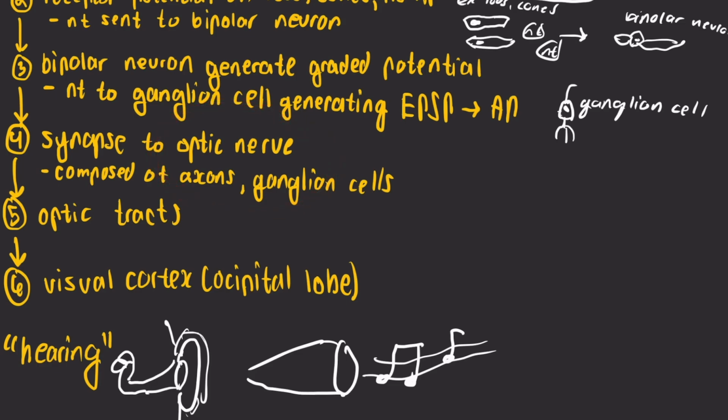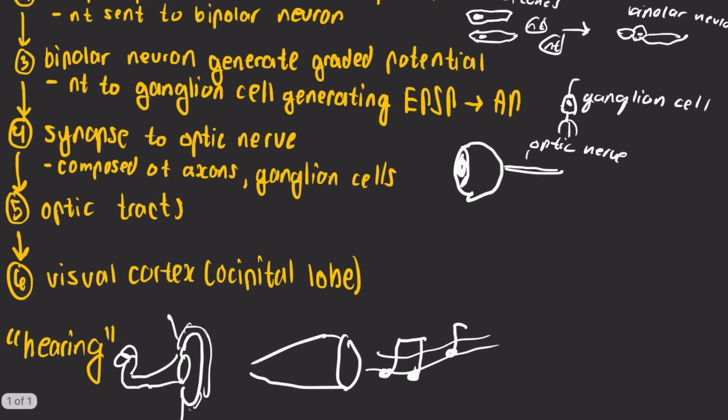So again, this is our eyeball, and this is the optic nerve. You could think of your eyes, light going to the retina, processed on the rods and cones.